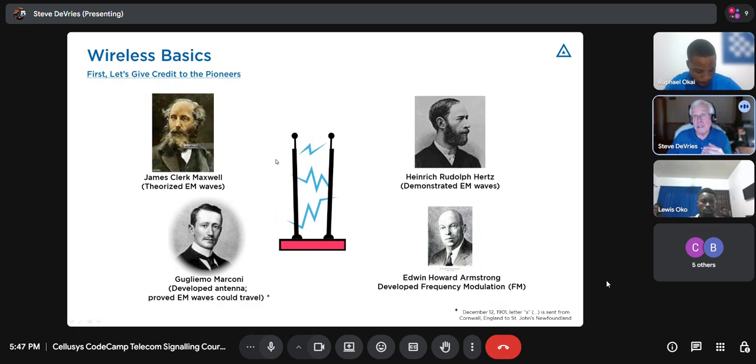Before we do, though, let's give credit to the pioneers. There are many of them, but I think four of them are particularly important in terms of wireless. The first one, back in the 1800s, was a guy named James Clerk Maxwell. He mathematically theorized that there were electromagnetic waves out there.